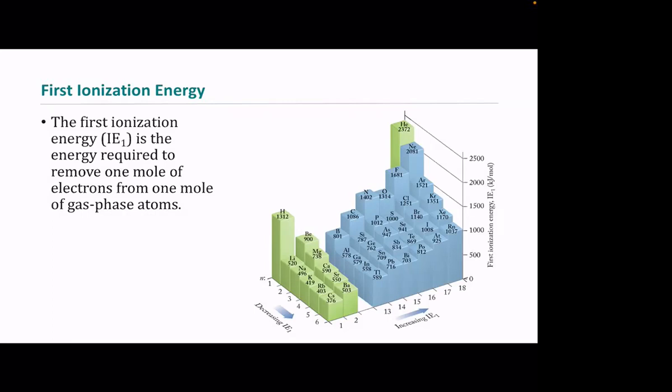So you tell me, what do you think the trend would be like? Which elements on the periodic table would give up their electrons the easiest? Biggest, and also to the left more, right?